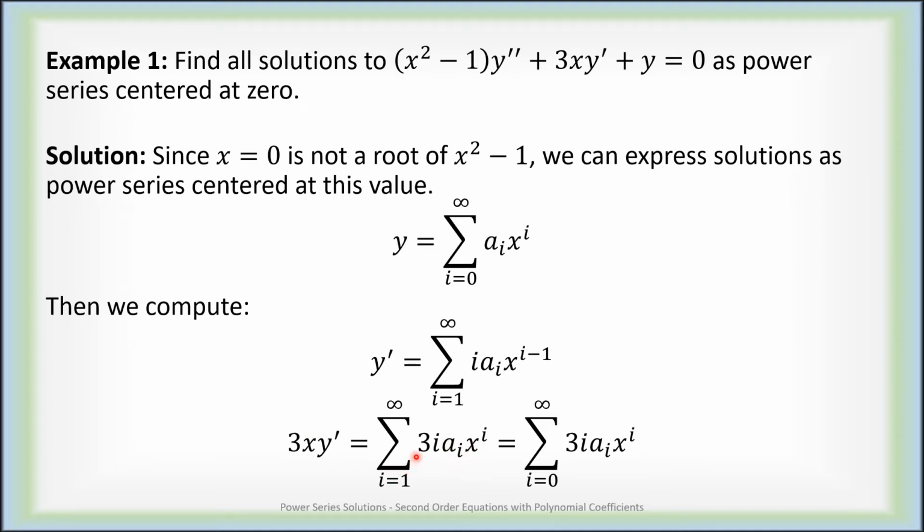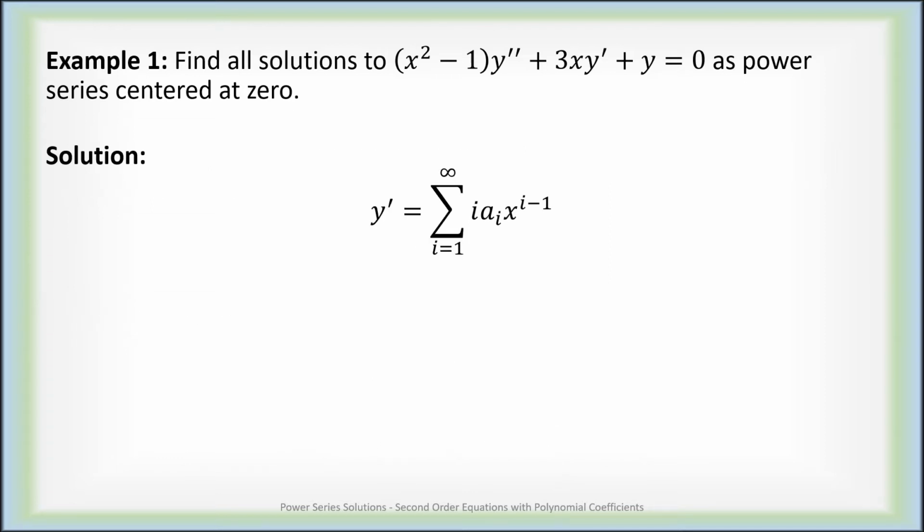Also observe that we have 3i, a_i x to the i, but the series starts at 1 because the index 0 term was the constant term, its derivative was 0, and it was removed at this point. However, this expression, if i equals 0, would itself be 0, so it can be freely added back into the sum at no cost. So here is our expression for y prime before we multiplied by 3x.